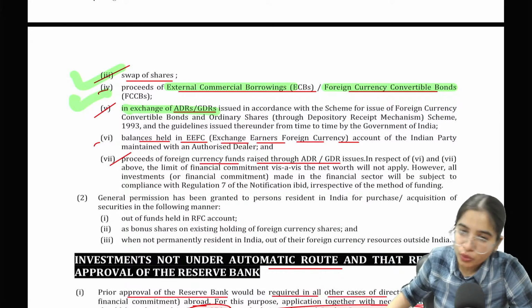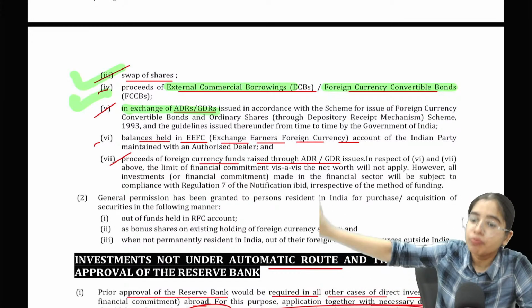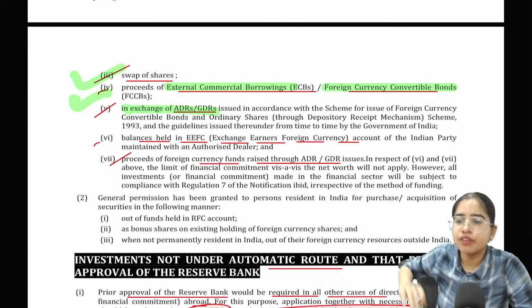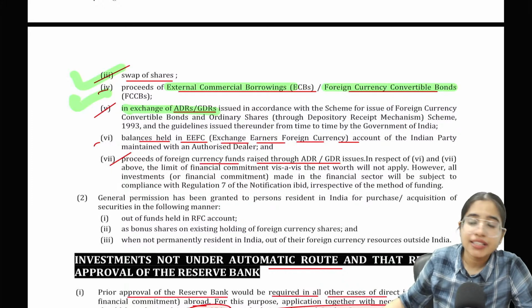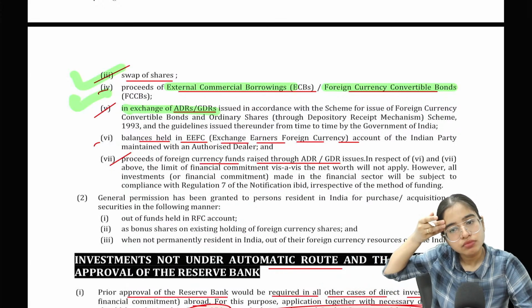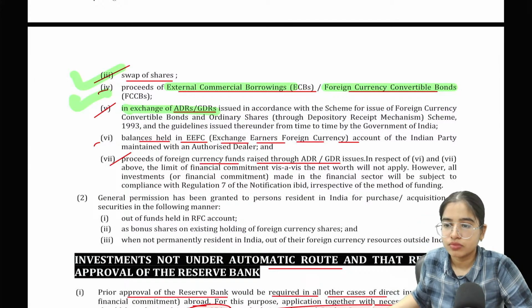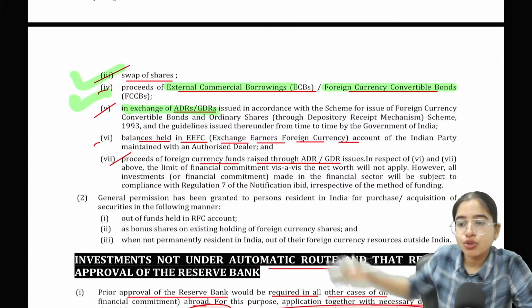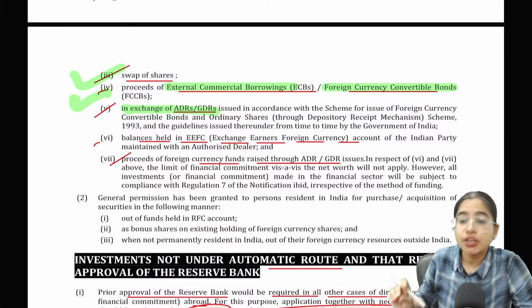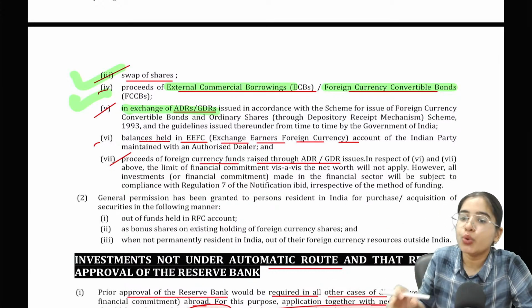So we can tell the foreign joint venture, you give me your shares, and in exchange I will give you my ADR GDR. So I can fund by issuing ADR GDR.